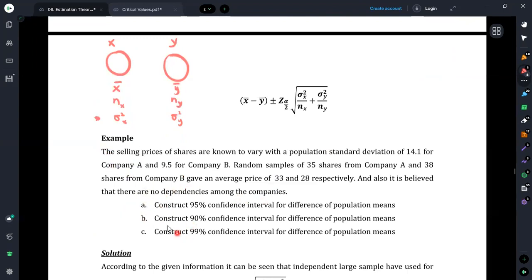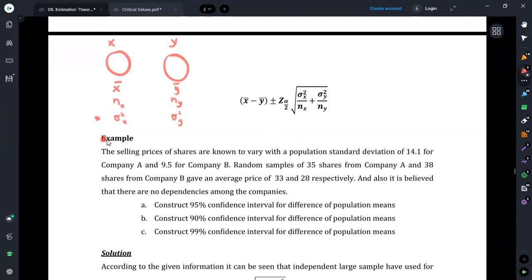It is because for part B and part C, the only difference is the value of Z alpha over 2, and all the other calculations would be the same. Therefore, I will discuss the first part for each and every question hereafter. Then you can try by yourselves. Anyhow, the solution is provided, and you can check the solution for these two parts by yourselves.